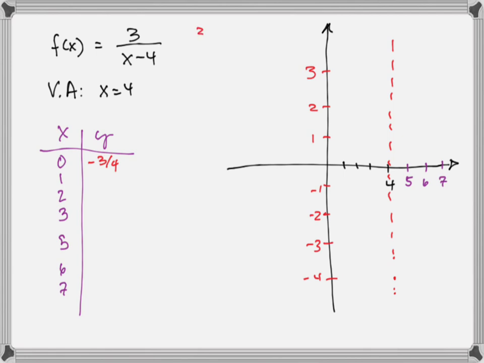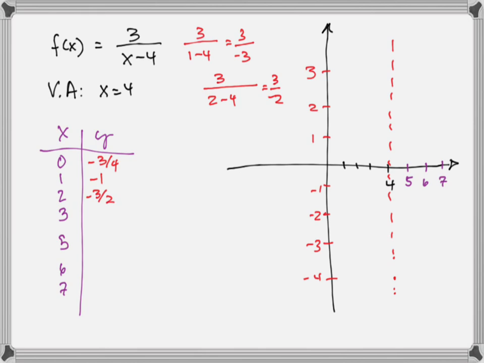If x is equal to 1, let me write it out. 3 over 1 minus 4, which is 3 over -3. And what do we get? -1. If x equals 2, we get 3 over 2 minus 4, which is 3 over -2.